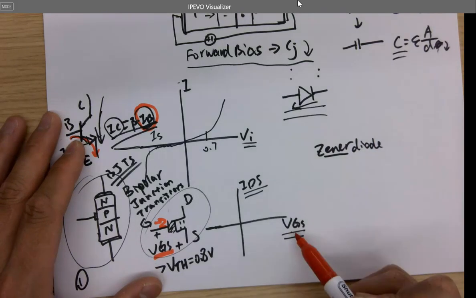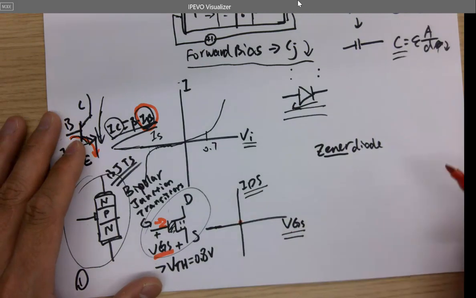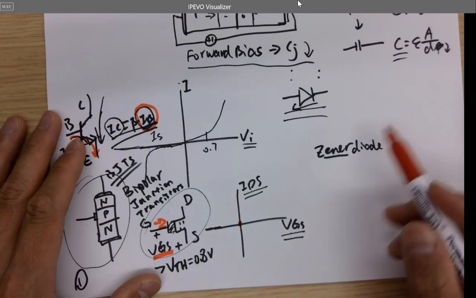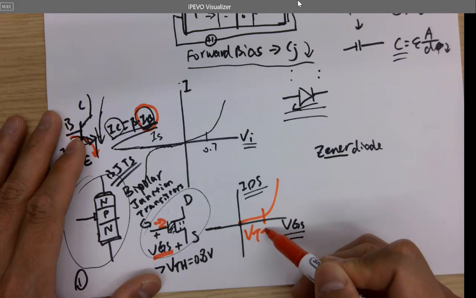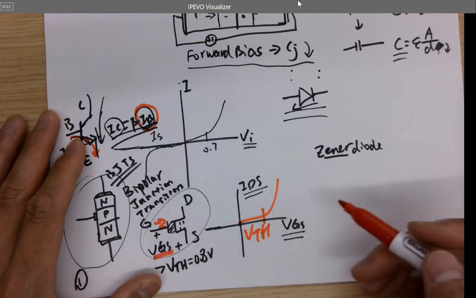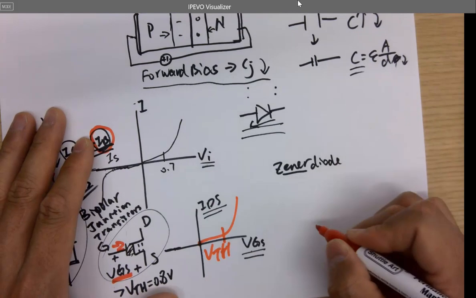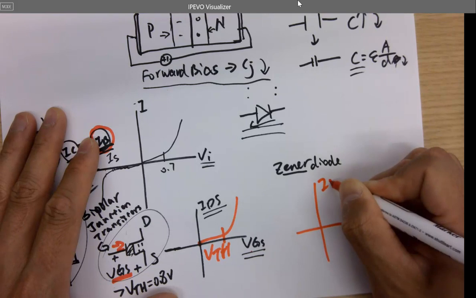Do you know what the IV curve looks like here, starting from 0, for example? VGS, like this, and this is VTH. Okay, so what if we sweep VDS instead of VGS?